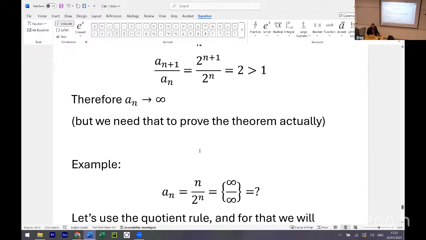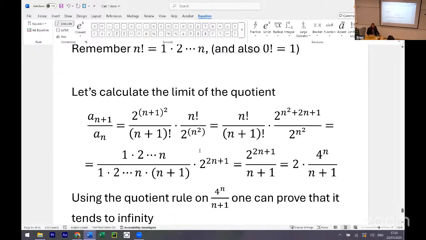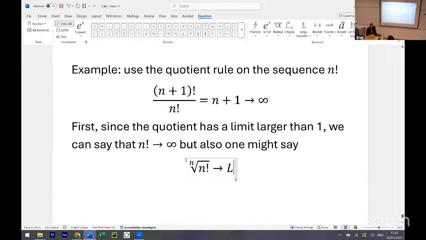So we found out something interesting here. Oops, I wrote L instead of infinity. And so we found out something interesting, by the way, that the n root of n factorial goes itself to infinity.